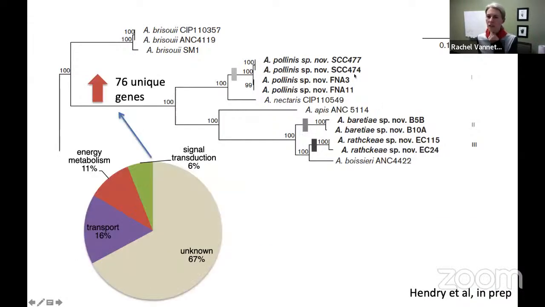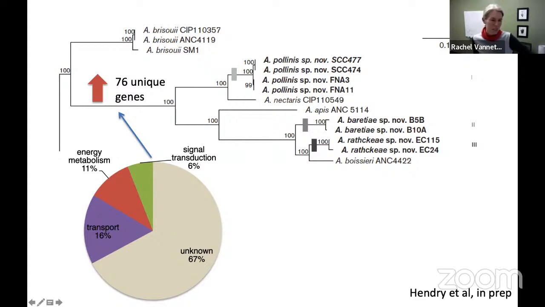And through a genome comparison analysis, we wanted to explore what genes are actually found in this clade, and do they differentiate the ecology of this group from the rest of the Acinetobacters. So in looking at the changes along this branch, we see that most of the genes that differentiate this group are of unknown function, of course.